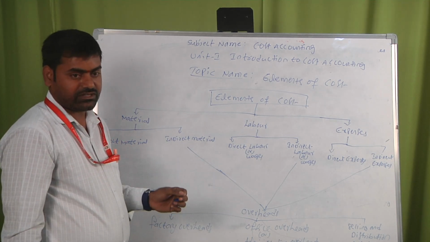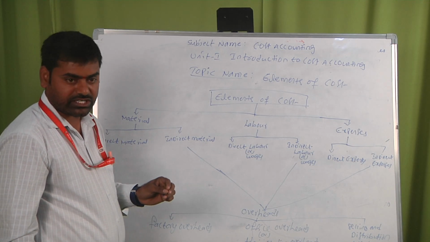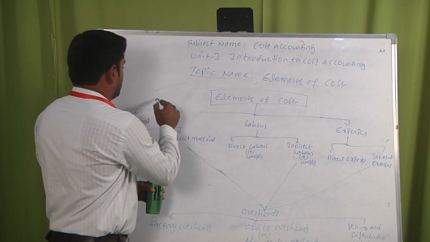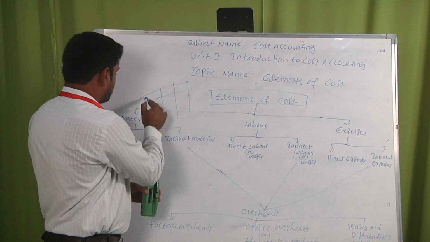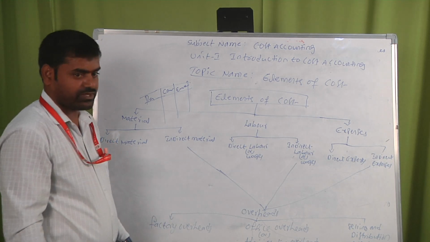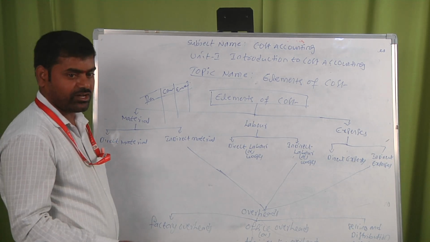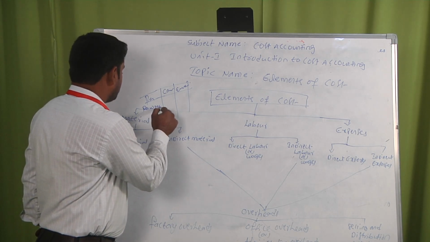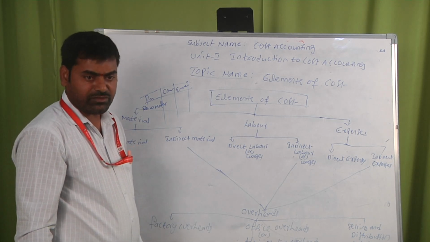The cost is nothing but an estimate of the product amount. So how do we estimate that product amount? Whatever product you are manufacturing, first of all we need the raw material, because without raw material it is not possible to finish any product.